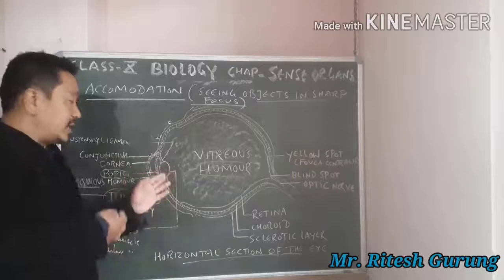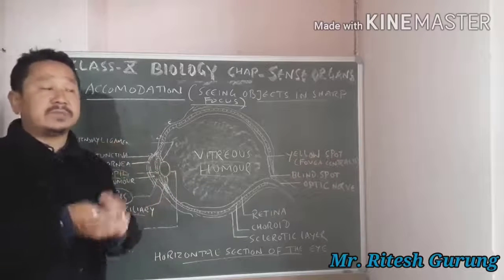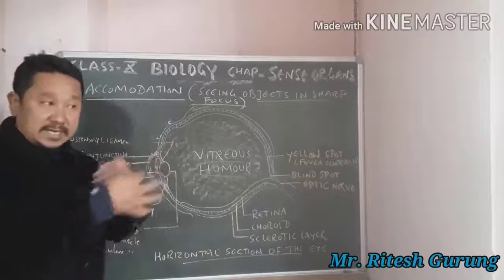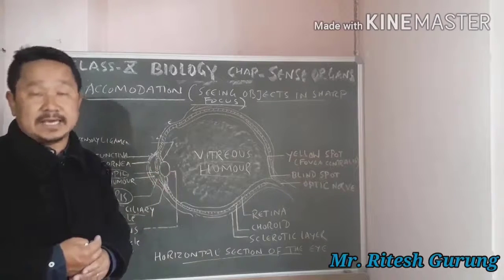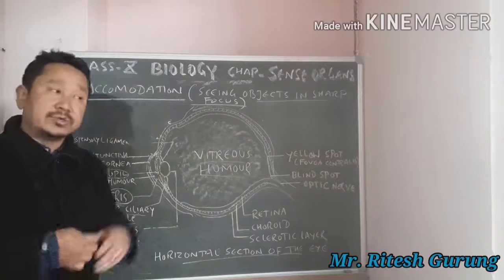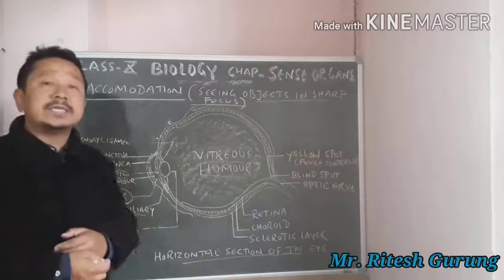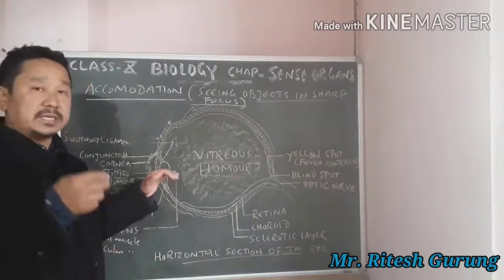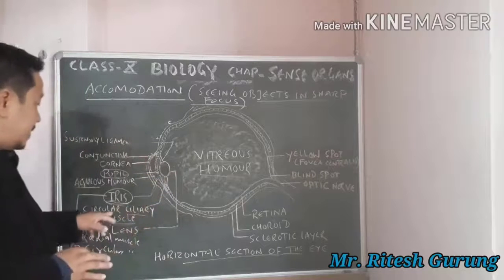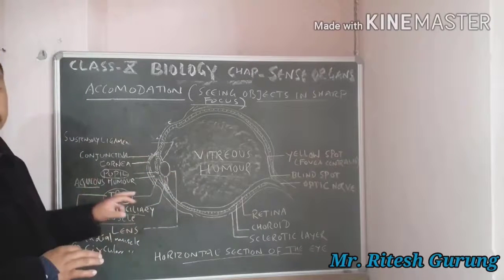So that way sometimes it becomes thinner, sometimes it becomes fatter as per the distance of the objects that we are looking at. This alteration in the shape of the lens is controlled by this ciliary muscle.